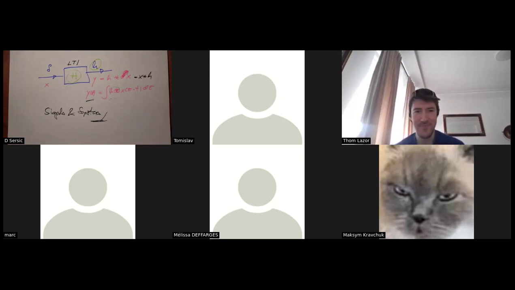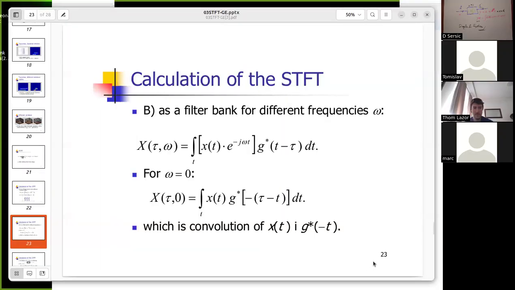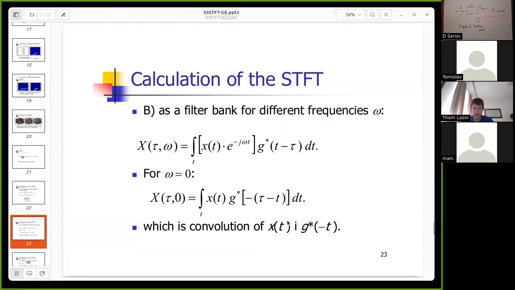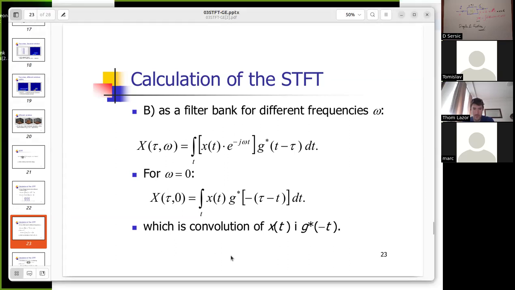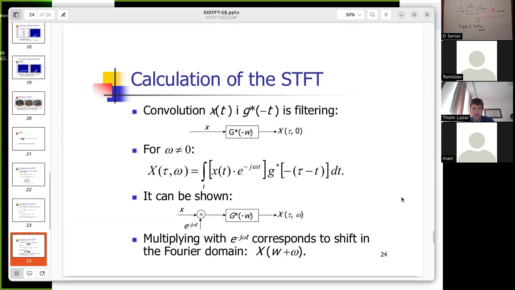Okay, then let's go back to our presentation. If we just group it differently, we have that convolution. Convolution is nothing else but the response of a linear system.